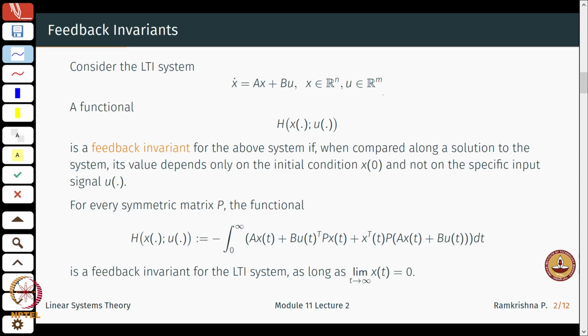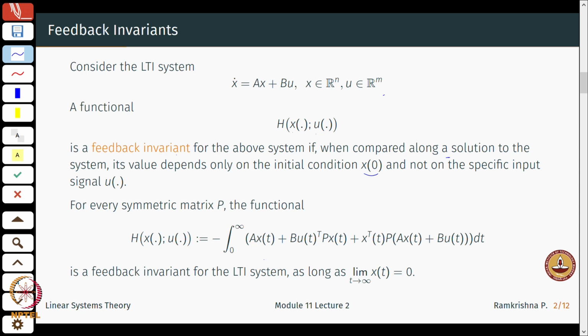The first thing here is to look at the following. If I have a system, again a standard LTI system, a functional h defined on x and u is a feedback invariant for the LTI system if, when computed along a solution to the system, its value depends only on the initial condition and not on the specific input signal u.